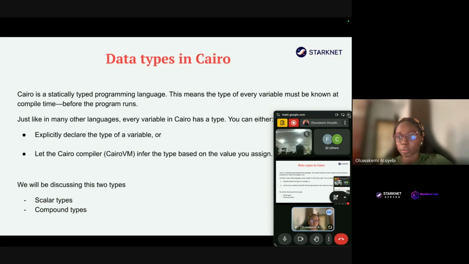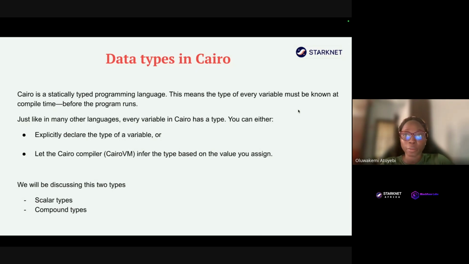But this type you can either declare explicitly by adding the type annotation to it, or the Cairo compiler would infer the type for you. So you either declare or the compiler would infer it for you. So we'll be discussing these two types of data types we have. In Cairo, we have the scalar types, and then we'll have the compound types.